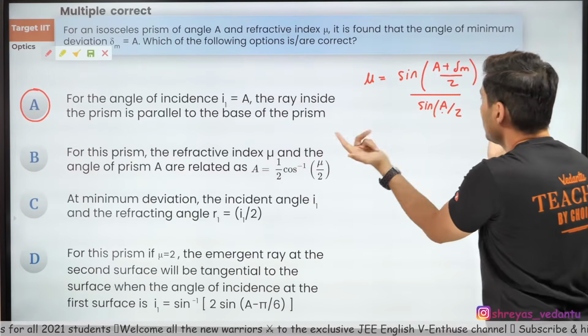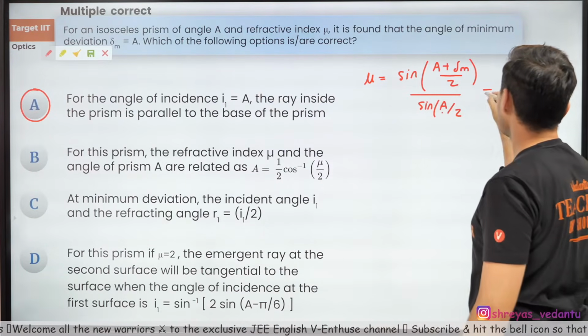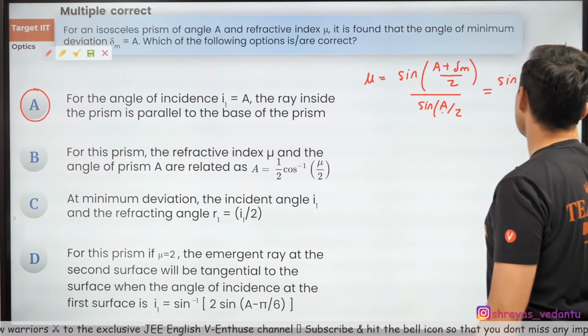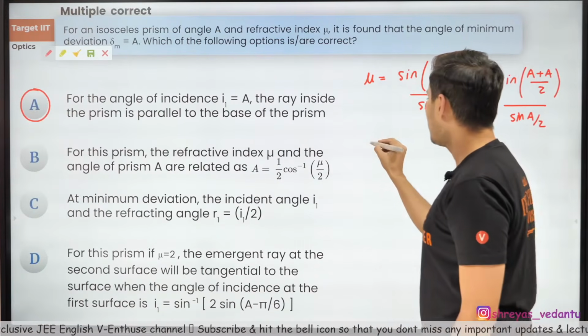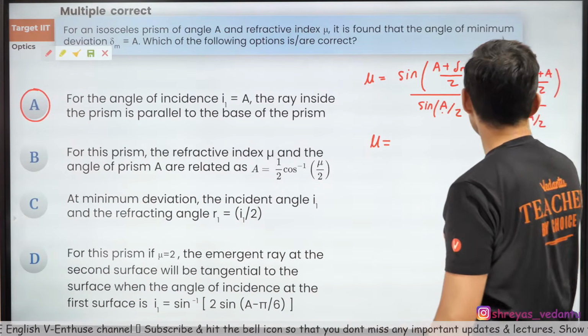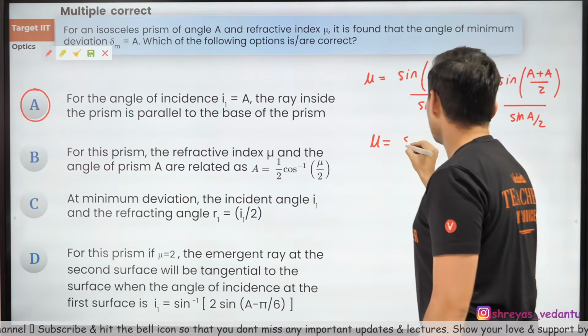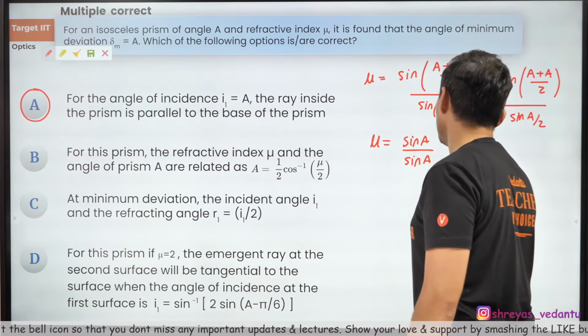Delta minimum is A, so this will be sine of (A plus A) divided by 2, divided by sine of A by 2. Therefore mu is sine of A divided by sine of A by 2.